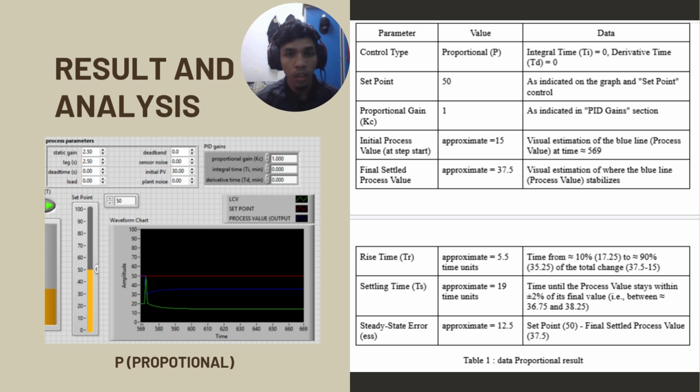And today I will discuss our result and analysis. This page is about the proportional result.